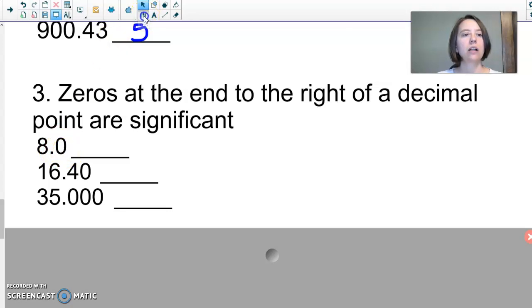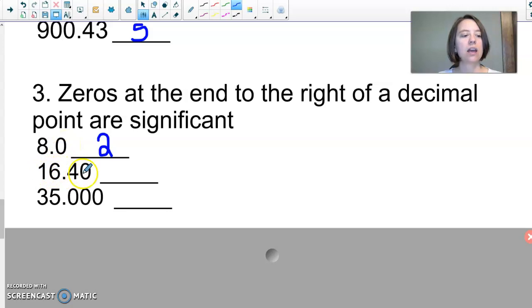So this one, following the rule, is 2, because the 8 and then this 0 both count as significant figures. And why is that? Well, if this wasn't significant, we wouldn't have written it, right? It would have just been 8. So if we include it after the decimal point, then that's important.